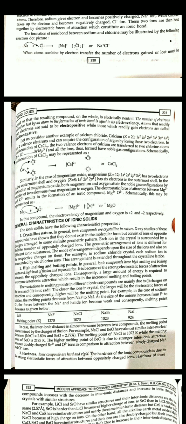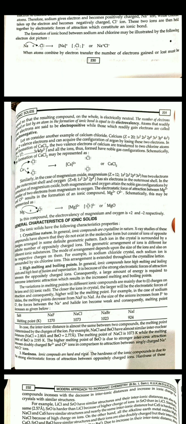The melting point of NaCl is 1073 Kelvin, while the melting point of BeO is 2195 Kelvin. The higher melting point of BeO is due to stronger interionic attraction between doubly charged Be²⁺ and O²⁻ ions in comparison to the attraction between singly charged Na⁺ and Cl⁻ ions.